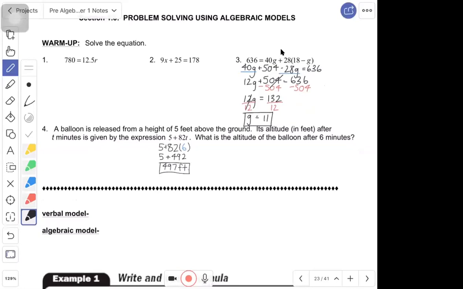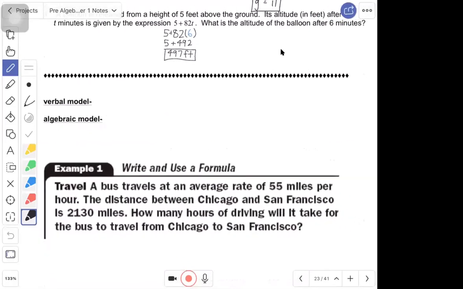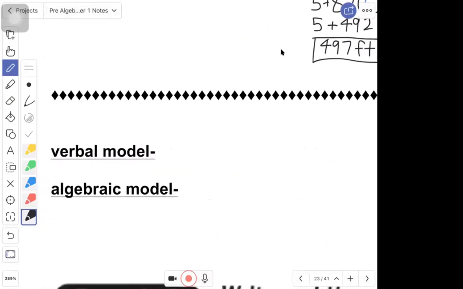All right, so we are going to move right along here into our notes for today. We're given two definitions. They ask what a verbal model is and what an algebraic model is. A verbal model is an equation written in words. It's kind of exactly what you would think it means.